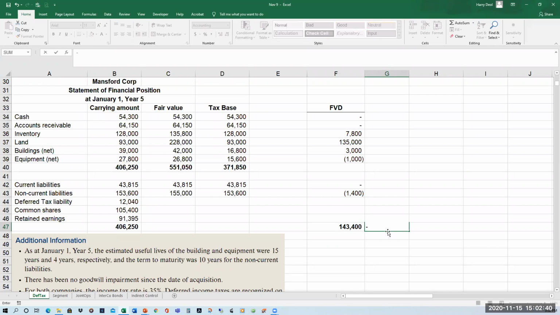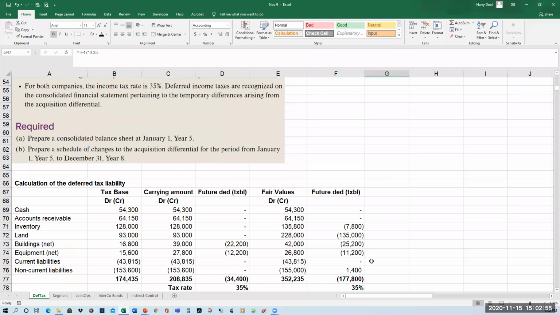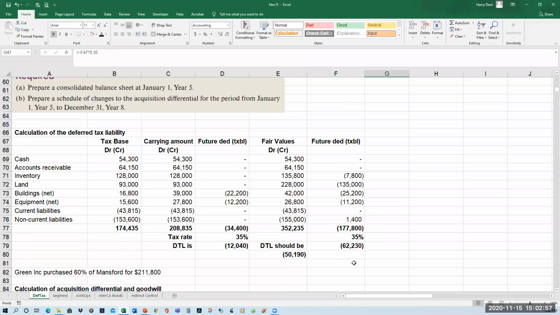So if you calculate 35% of this, but changing the sign, it will give you $50,190 of extra deferred tax liability. So that's the additional deferred tax liability arising from the business combination. This piece will be important for us when we calculate goodwill.